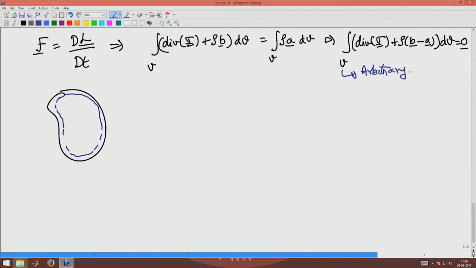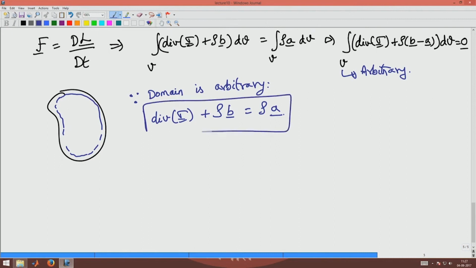Since the domain is arbitrary, what you require is divergence of sigma plus rho b must be equal to rho a. This is the force equilibrium. Next we are going to look at moment equilibrium.